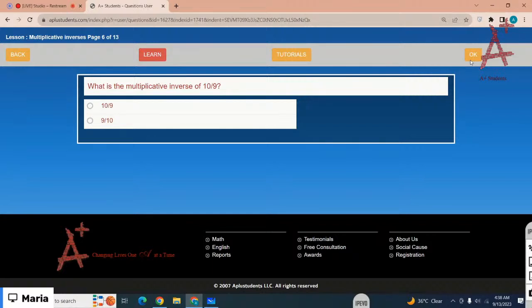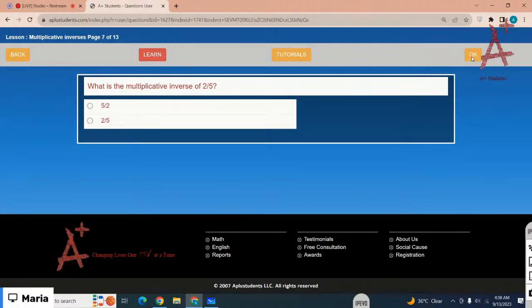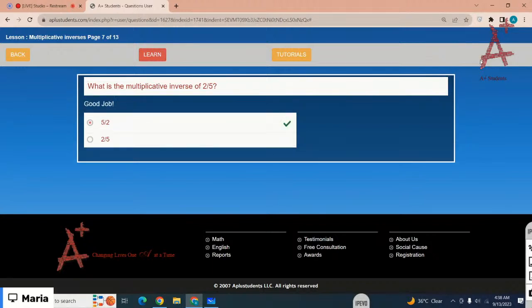Yes, it is 9 over 10. What is the multiplicative inverse of 2 over 5? Yes, that would be 5 over 2. The correct option is 5 over 2.